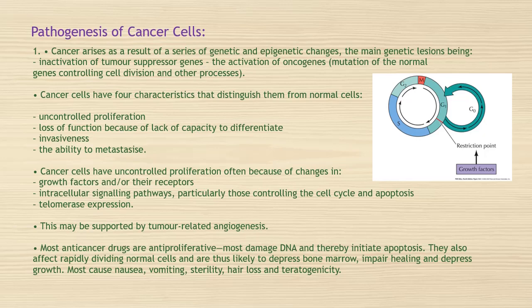Now, looking at the second property of cancer cell, loss of function, that is dedifferentiation. One of the main characteristics of the cancer cell is the loss of differentiation of different tumors. The capacity to differentiate is lost.